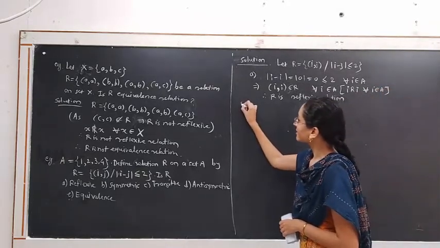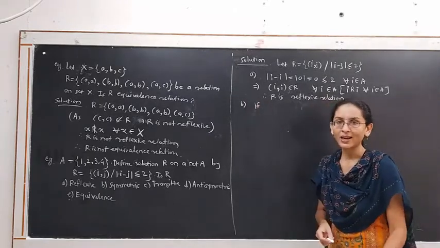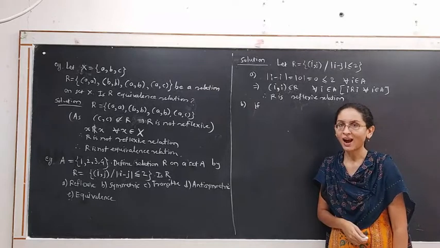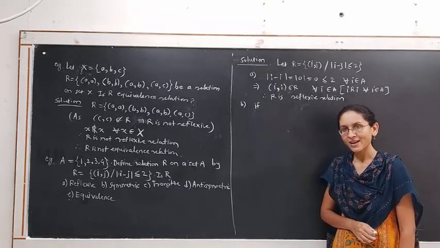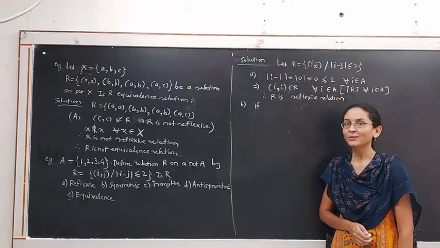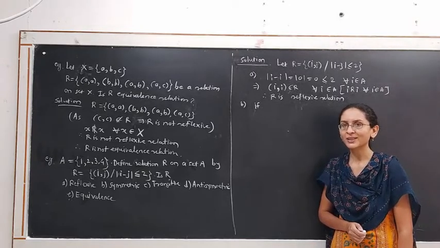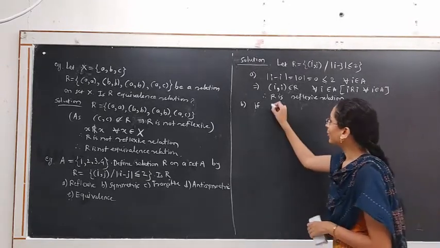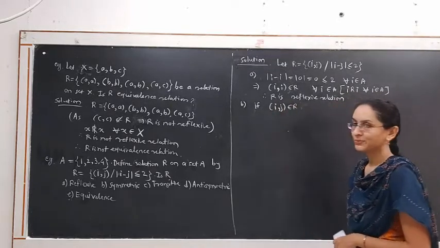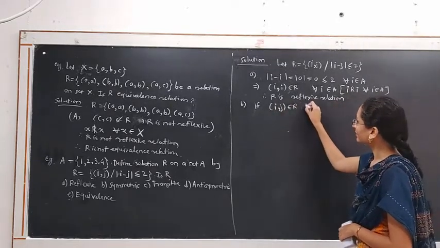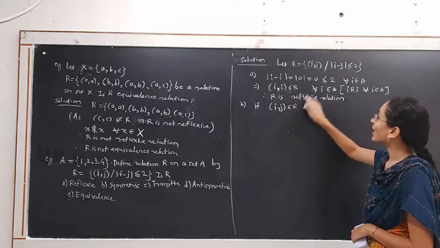Second, we check whether it is symmetric or not. If the ordered pair (i, j) belongs to the set R, then we check whether the ordered pair (j, i) belongs to set R or not. If that ordered pair (j, i) belongs to set R, then R will be a symmetric relation. When will the ordered pair (i, j) belong to R?